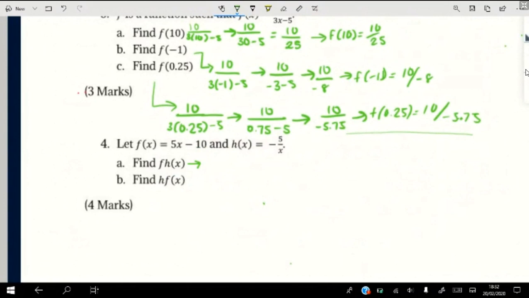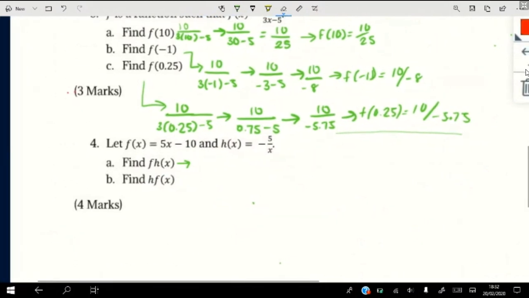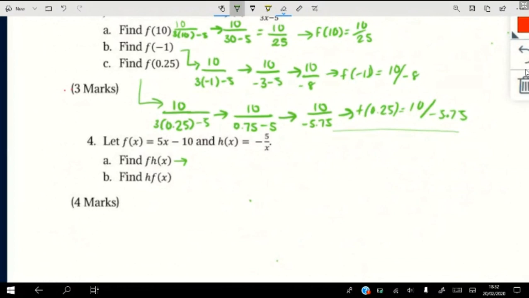When you're subtracting 0.75 minus 5, you'll get minus 4.25. For part C, it's 0.25, right? So 3x minus 5, 3 multiplied by 0.25 will give you 0.75 minus 5. So 0.75 minus 5 is minus 4.25.